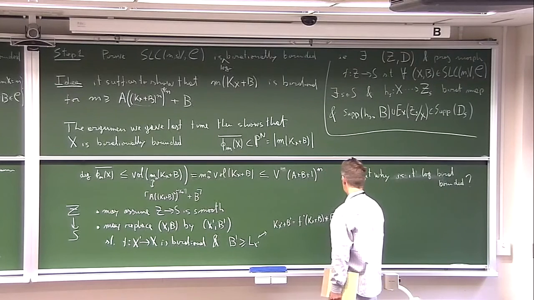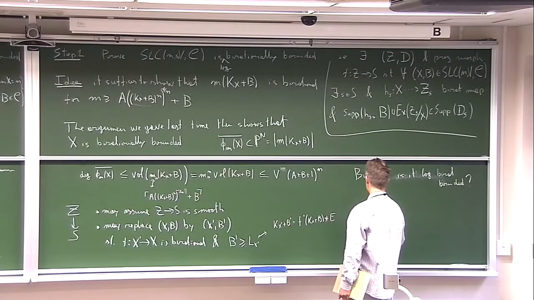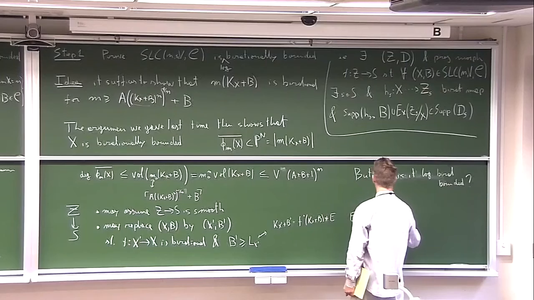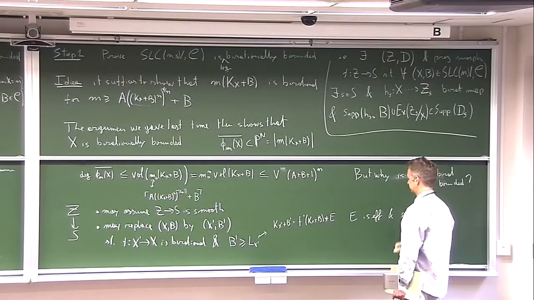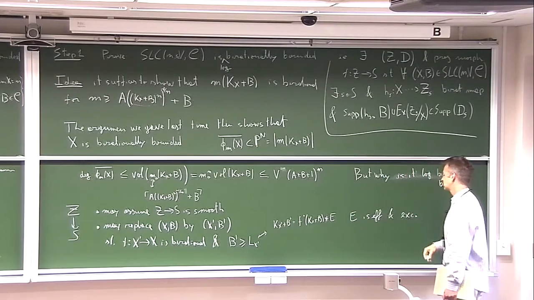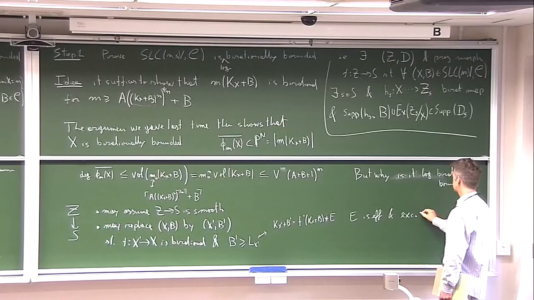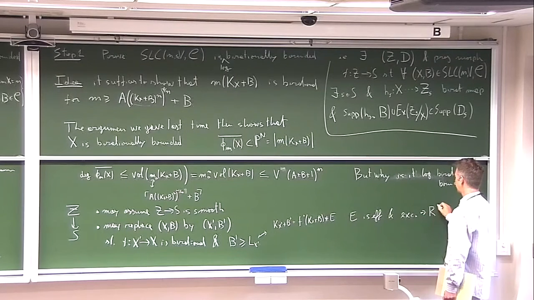So E is effective and exceptional. And if this is the case, then that tells me, for example, that the canonical ring has not changed.